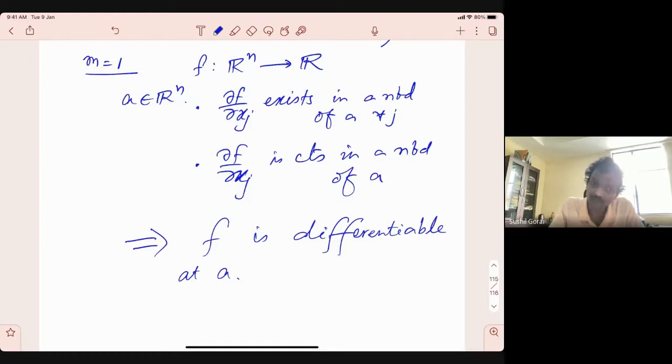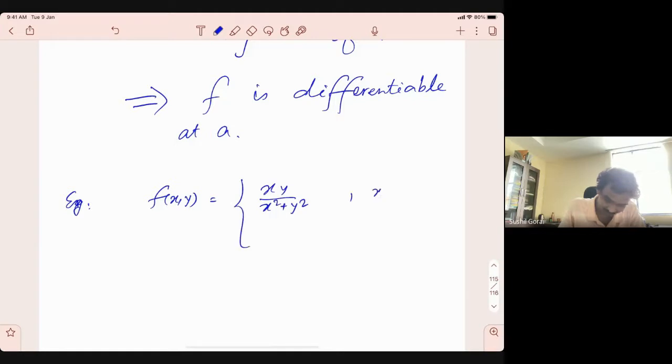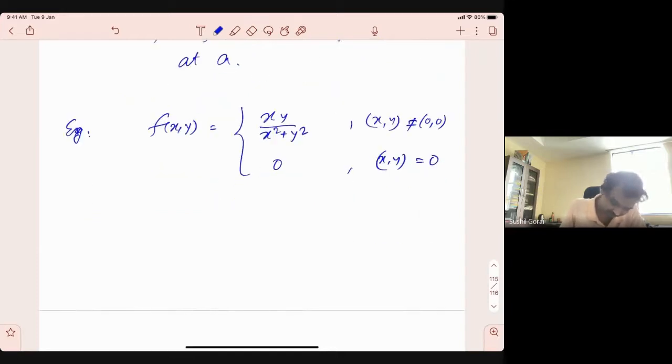Now we know that partial derivatives exist, but the function may not even be continuous, forget about differentiability. We have seen this example: f(x,y) equals xy by x squared plus y squared when (x,y) is not equal to 0, and 0 when (x,y) equals 0.